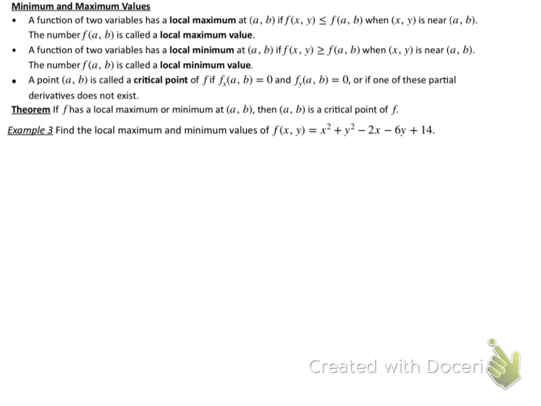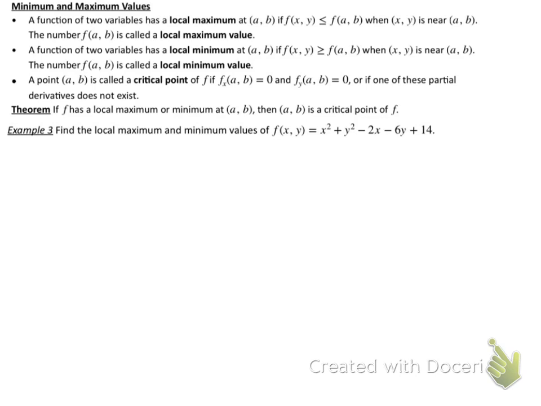We don't care what happens far away, but in this little range, at this particular point, you have the highest f value compared to its neighbors. Then your f has a local maximum, and the value of f at this point is called a local maximum value.